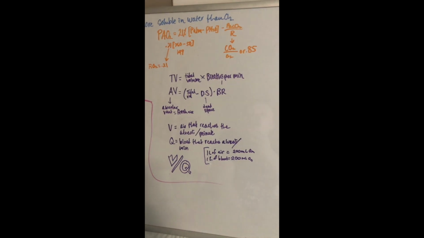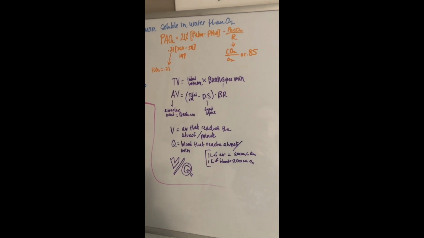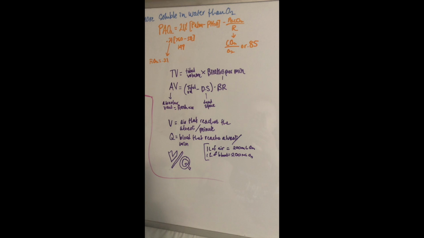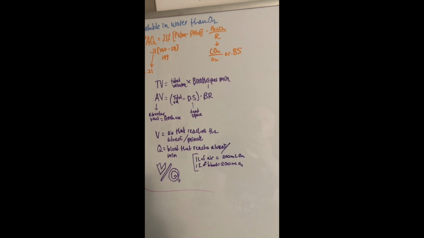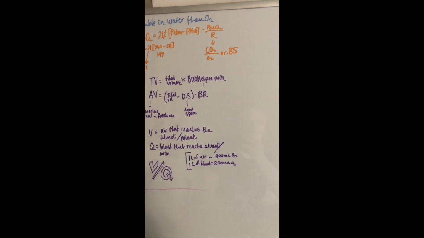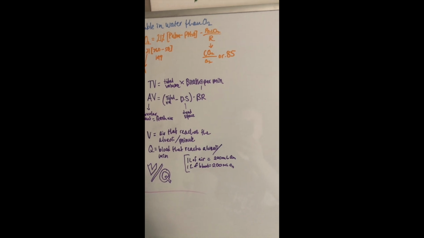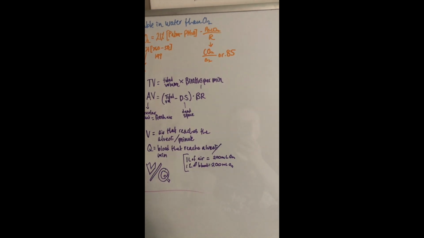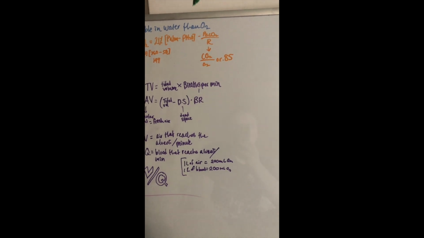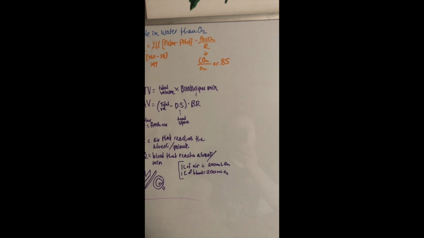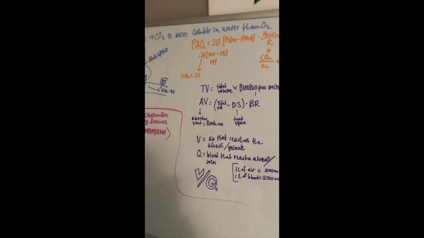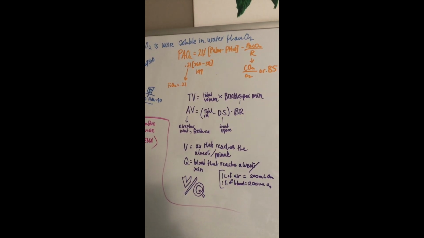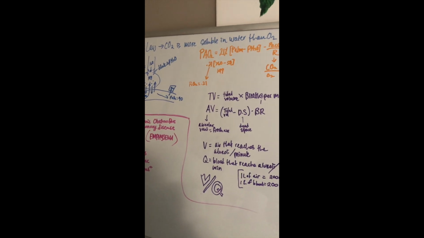So the equation to describe this is PaO2 equals 21% of the pressure in the atmosphere minus the pressure of H2O minus the pulmonary arterial CO2 divided by the R, which is CO2 divided by O2, and the standard for that is 0.85. So we got the average of 760 minus 50 gives us 149, and FiO2 is that 0.21.